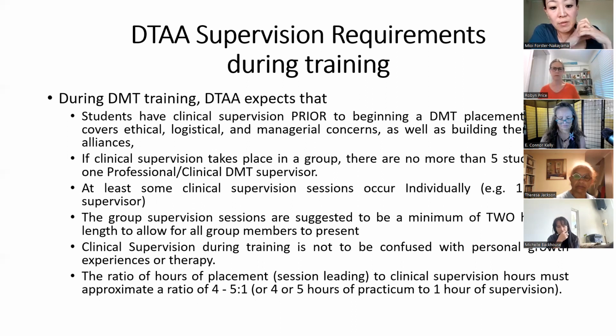So the ratio of hours of placement, which means you are leading sessions, to clinical supervision hours should be or must be approximately a ratio of 4 or 5 hours of practicum to 1 hour of supervision. So that's the important point that we all must remember.